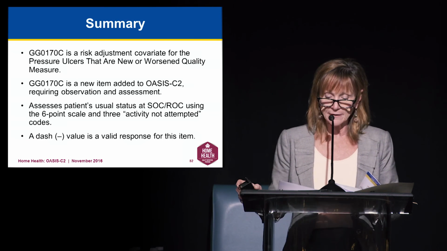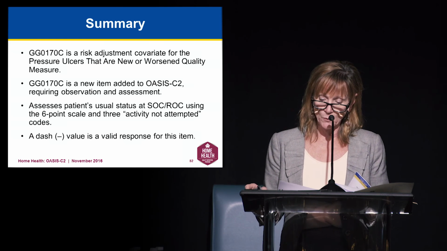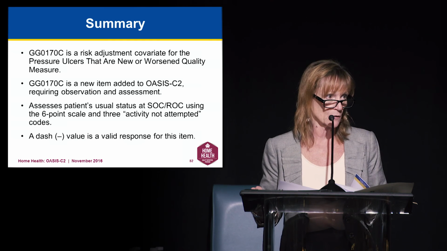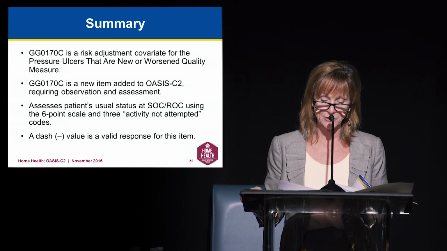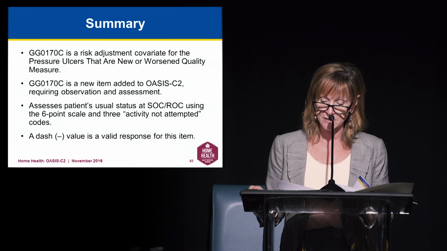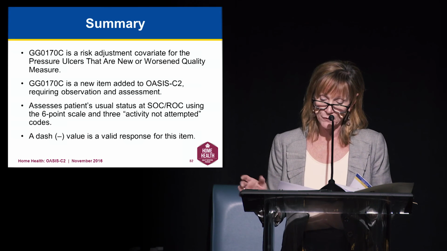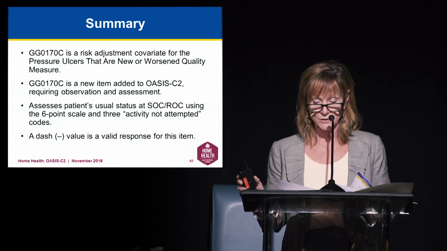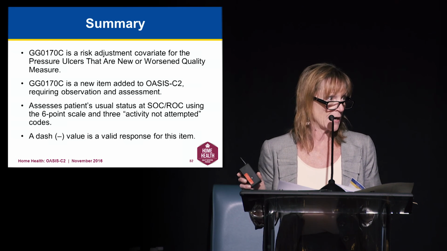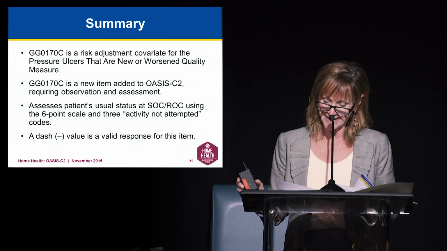So in summary, we've talked a lot about the importance of the covariates for this quality measure for risk of pressure ulcers, and GG0170C is a risk adjustment covariate for pressure ulcers that are new or worsened quality measure. It's also a brand new item. I know that you all know that now.